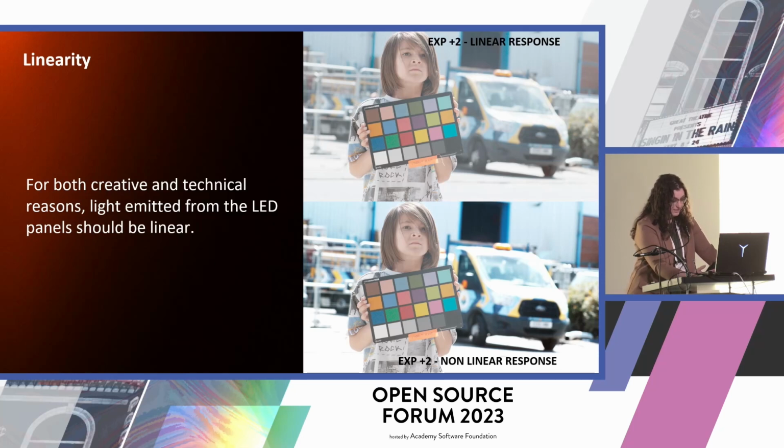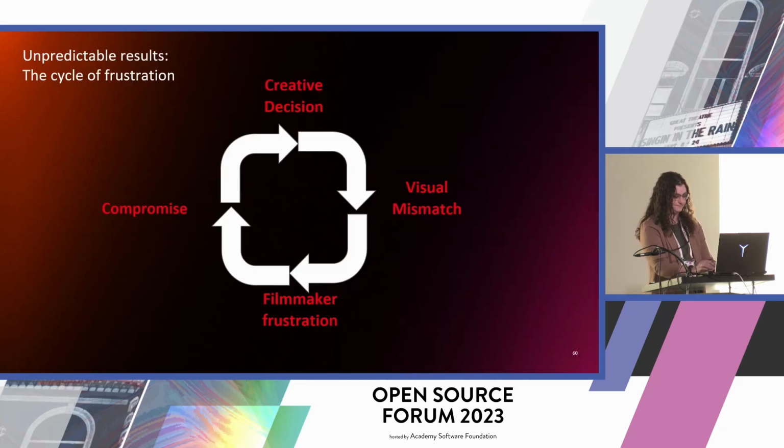Technically, as we'll discuss later, analyzing and correcting the EOTF, more acronyms for electro-optical transfer function, which is another word for a gamma curve or a PQ curve, is fundamental to a correct LED to camera calibration. All of these issues and more lead to unpredictable results, frustration, and friction between creatives and technology.